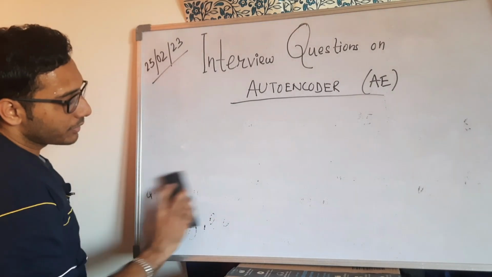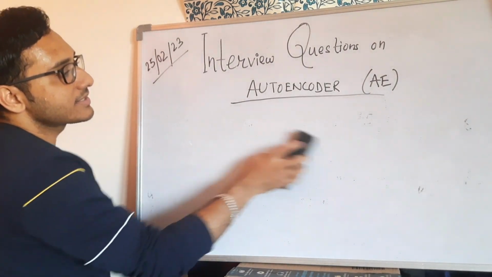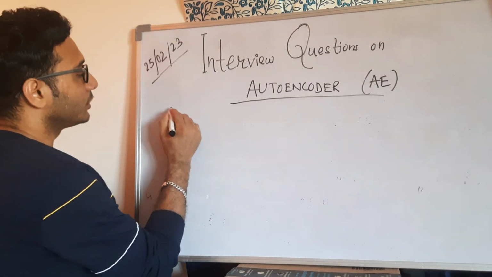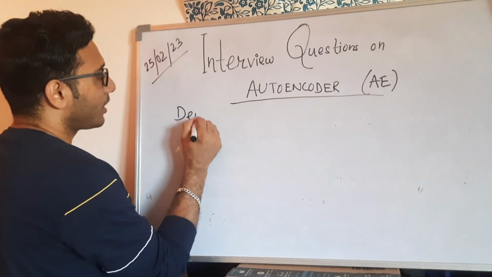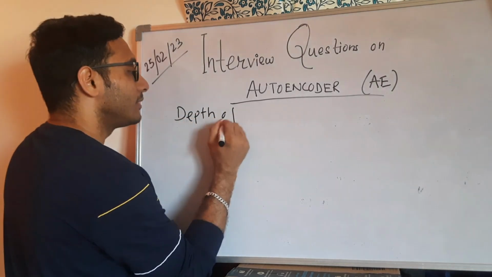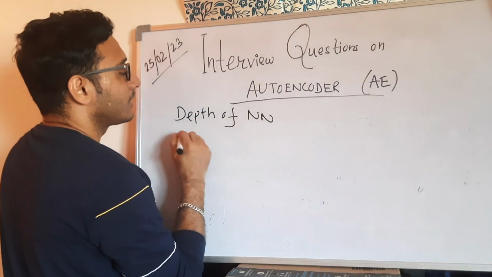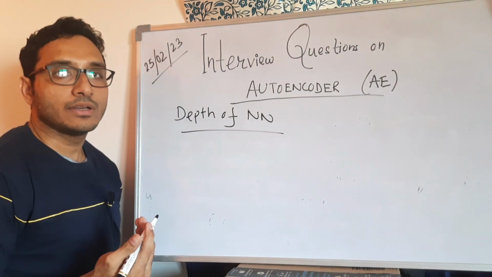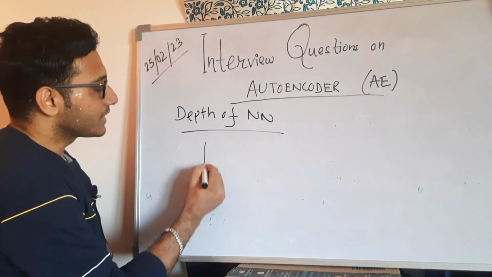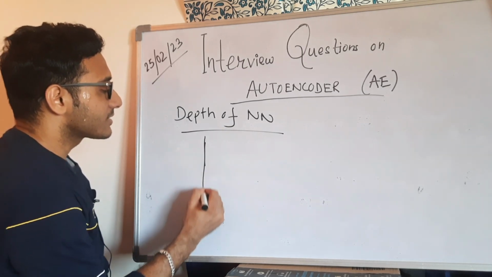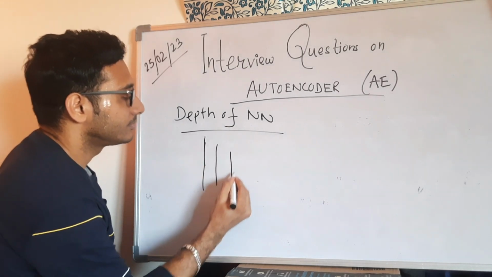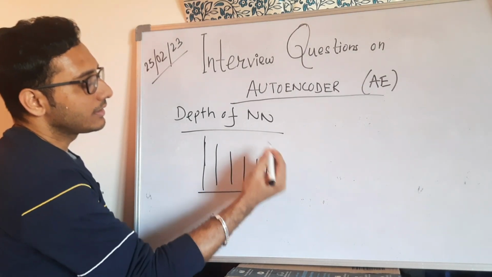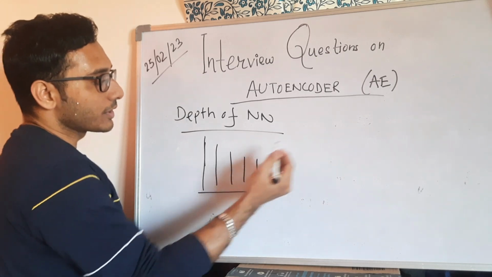So deep autoencoder, in the terminology you can understand that there must be some depth in the neural network. How do you understand the depth of a neural network? Can you think about how? It's very simple, right? If you just consider these layers, this is one subnetwork.